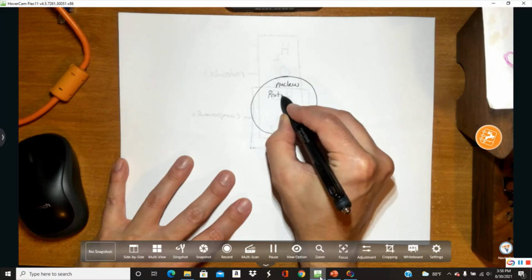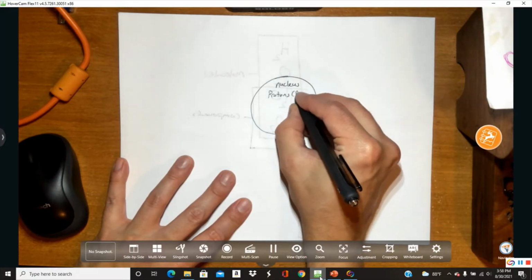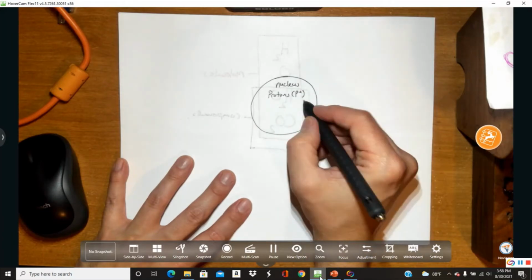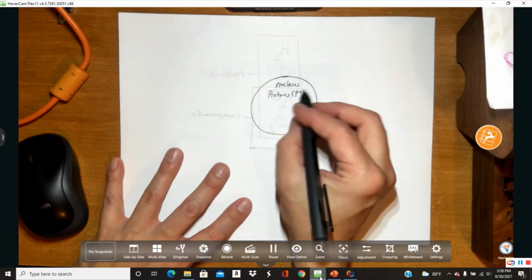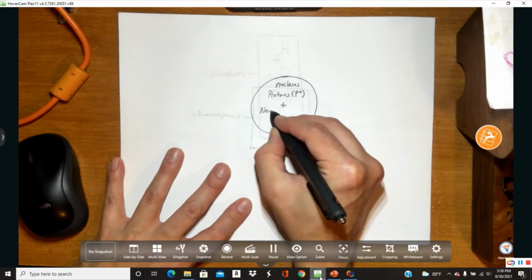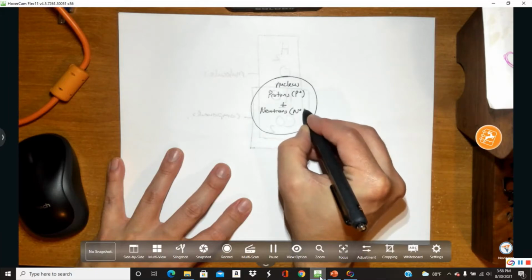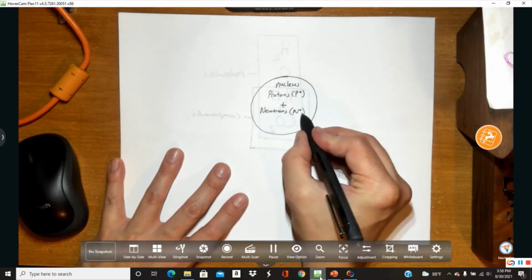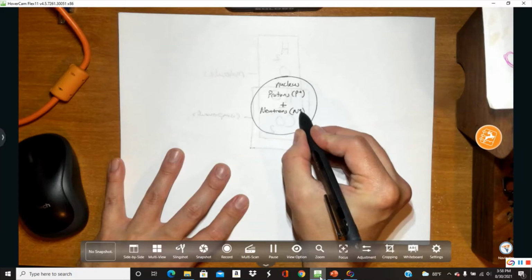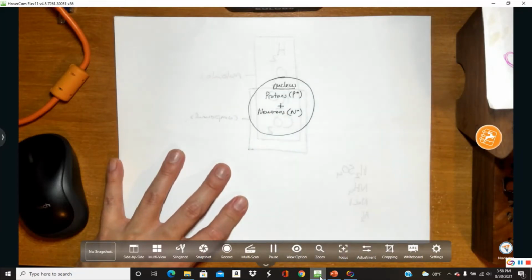Protons being in the nucleus, we're going to call them P plus because they have a positive charge. They weigh 1 AMU. And then I have neutrons, which we're going to call N0 because they have no charge. They have a neutral charge. They are in the nucleus and also weigh 1 AMU.